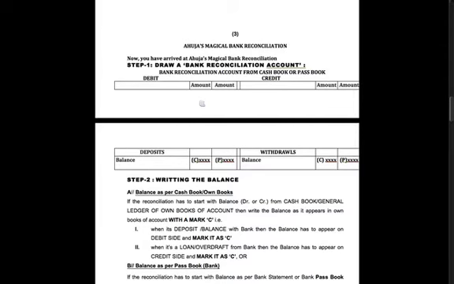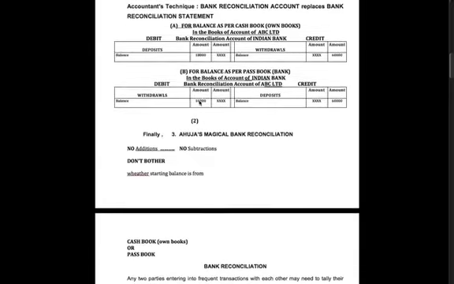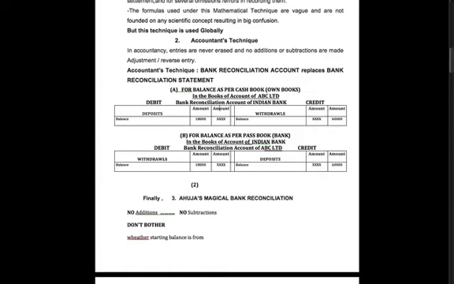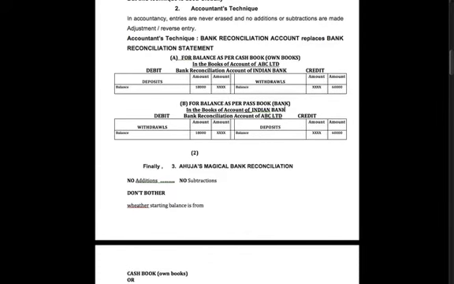You must remember that earlier in the accountant's account, the bank reconciliation account, I had given deposit on the debit side because it was your account, and withdrawal on the credit side. But if the balance was from the bank passbook, then on the debit side withdrawals are there because it is your withdrawal.